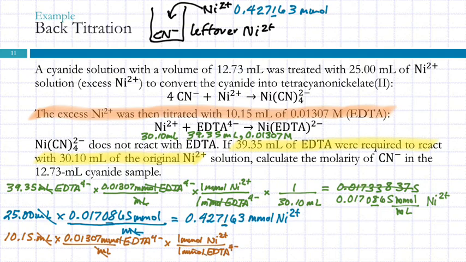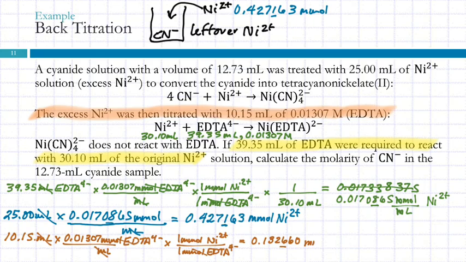And so the millimoles cancel out. So 10.15 times 0.01307. I got 0.132660.